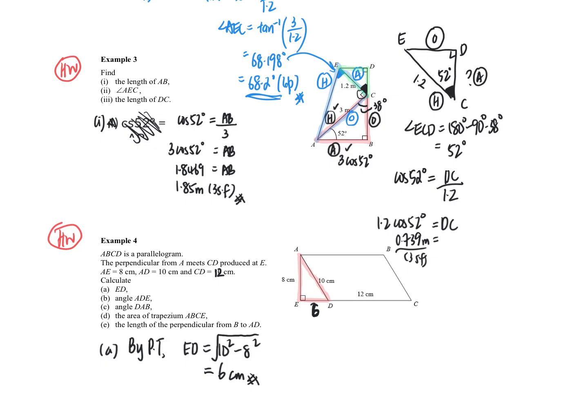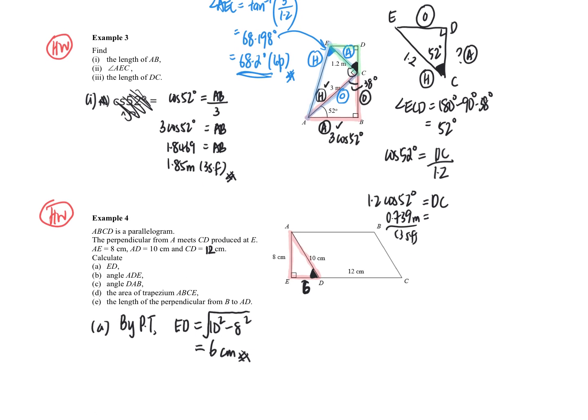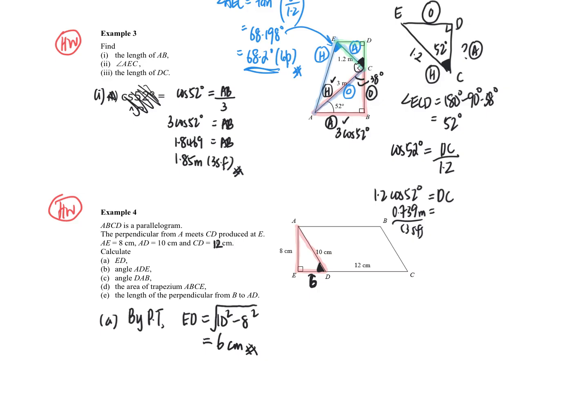Next, you want to find the angle ADE. This one. So to find angle, you can always use SOH CAH TOA to help you. So use the length they give you rather than the one you find, in case you make a mistake in your calculation.